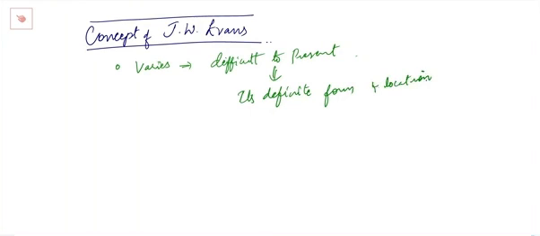So what he said is that geosynclines vary, meaning they are not constant, so it becomes difficult to present their definite form and location. It is difficult for us to say where geosynclines existed and what their exact location was, because due to plate tectonics there is movement on the surface of the earth.